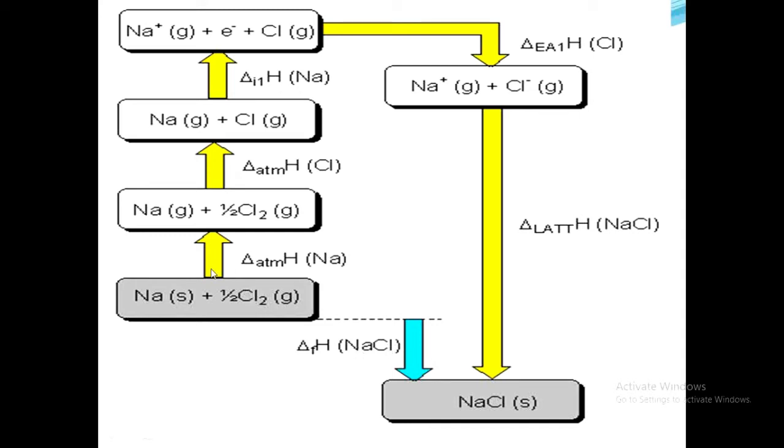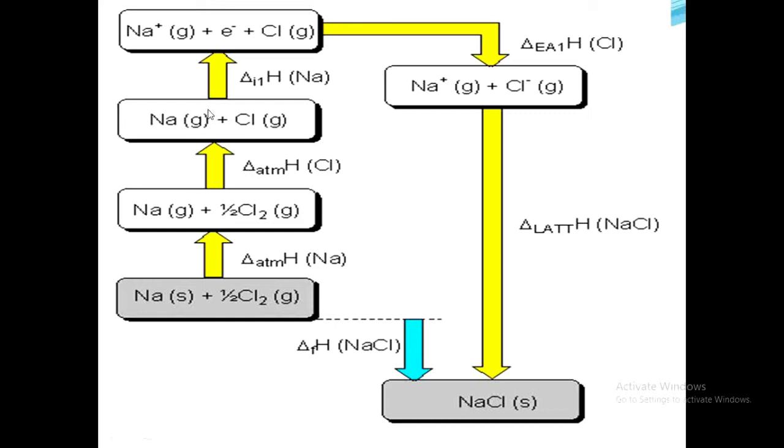For the second route, we atomize the sodium first. I have given the previous equations showing how they are atomized and what their values are. When sodium is atomized, we need the enthalpy of atomization of sodium. As you can see, the process is endothermic; we are moving energetically to a higher level. Then the chlorine is atomized and we need the atomization enthalpy of chlorine.